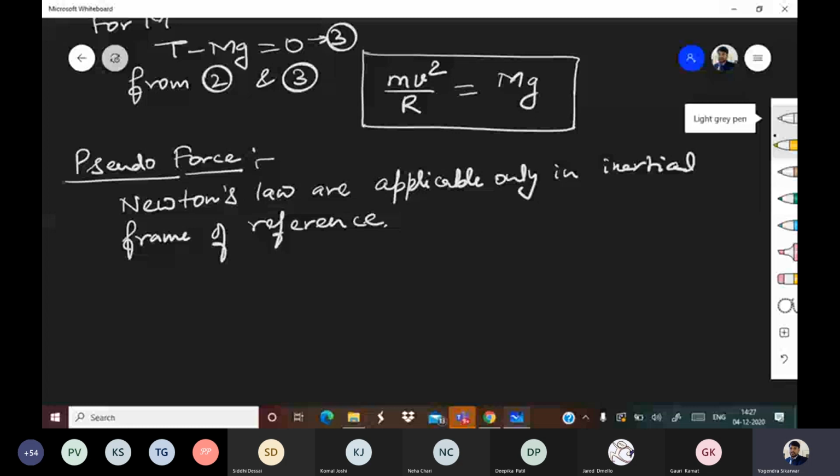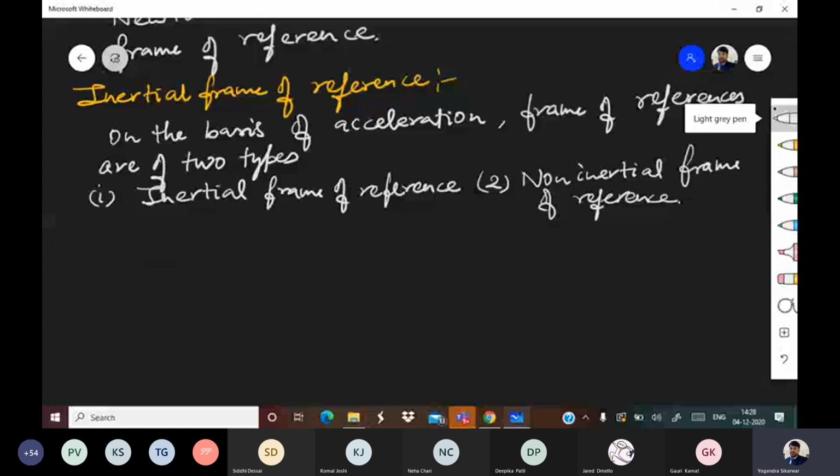So basic inertial frames of reference are those frames which do not accelerate.